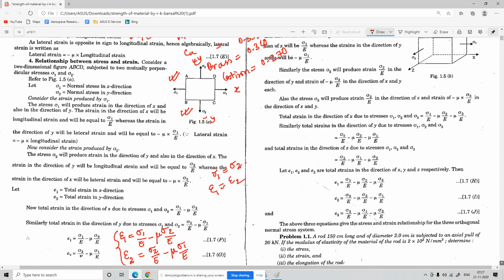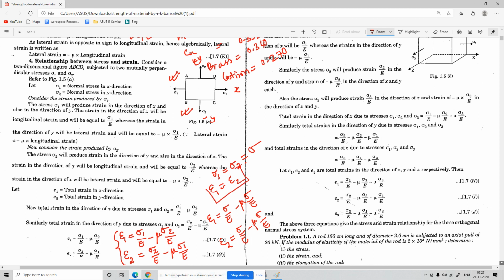Because if sigma 1 equals sigma 2, let's consider sigma everywhere. So epsilon 1 will be sigma by E minus mu sigma by E. Epsilon 2 will also be sigma by E minus mu sigma by E. So both are the same.